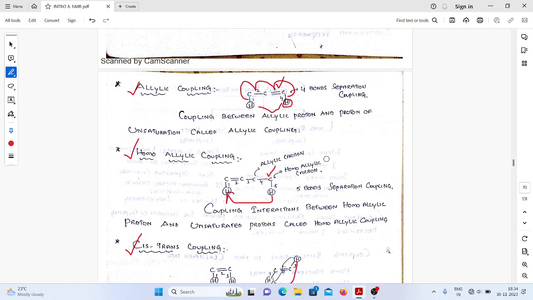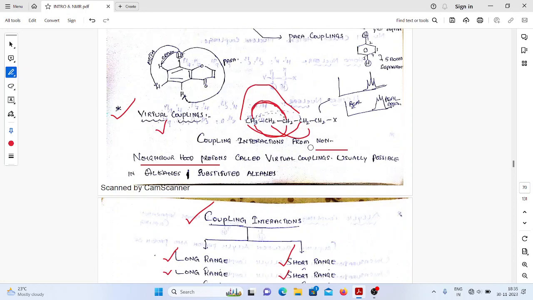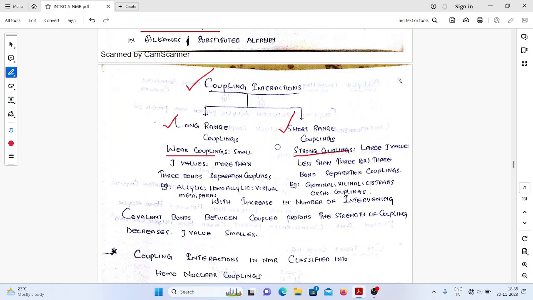Already we know that if the distance is increasing, the number of bonds is increasing, the coupling strength will decrease. Right? That's why, based on the number of bonds, people consider these kinds of couplings in two categories, short range and long range. Short range couplings are stronger in nature, long range couplings are weaker in nature.